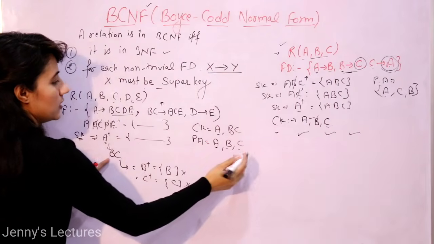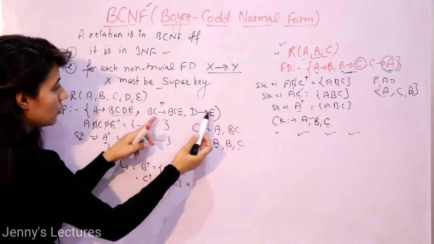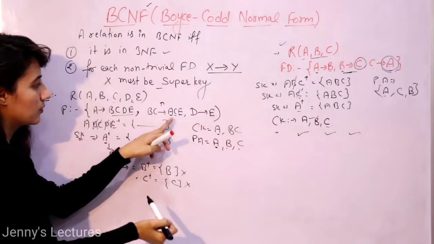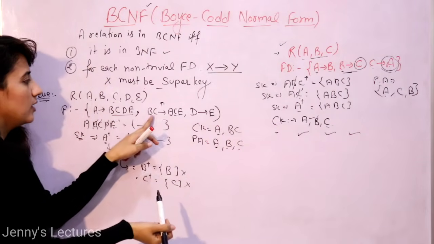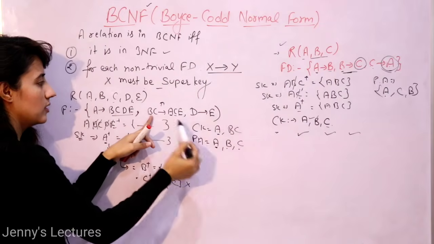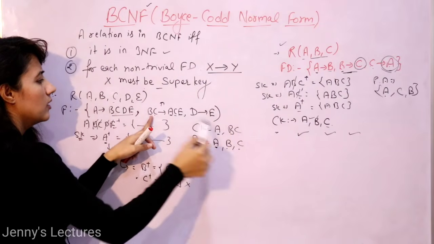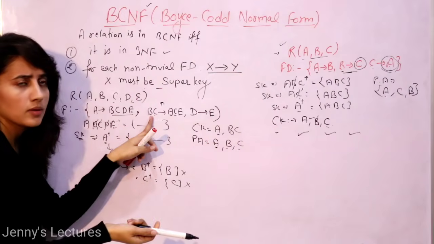Now check whether B and C, the prime attributes, are present on the right hand side of any dependency or not. Yes, here we have C, right? But definitely we will replace the C. This is a trivial functional dependency. So if you replace the C with BC, then that would be the same, right?